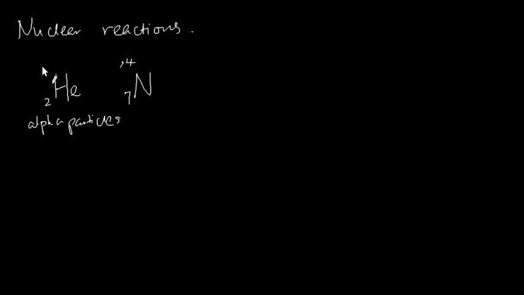So the symbol would be 2 and 4. So it's known that if I shoot this nitrogen gas with alpha particles coming out from some radioactive source, it would produce oxygen gas and hydrogen.